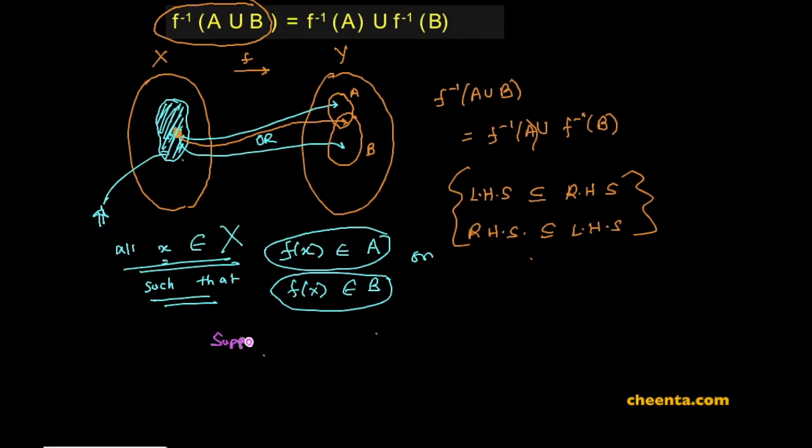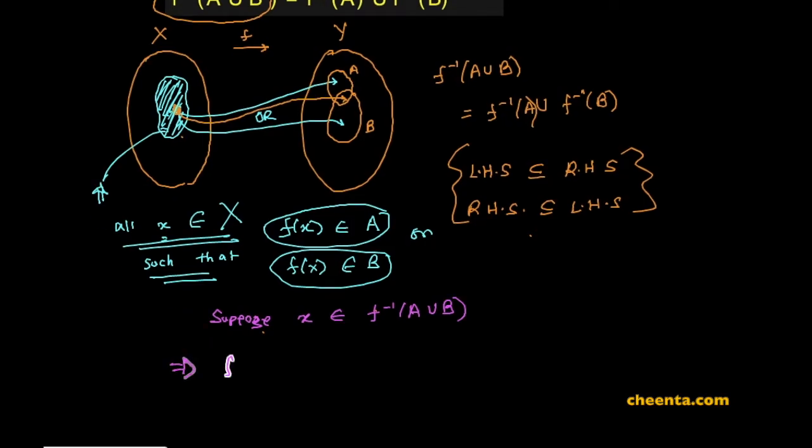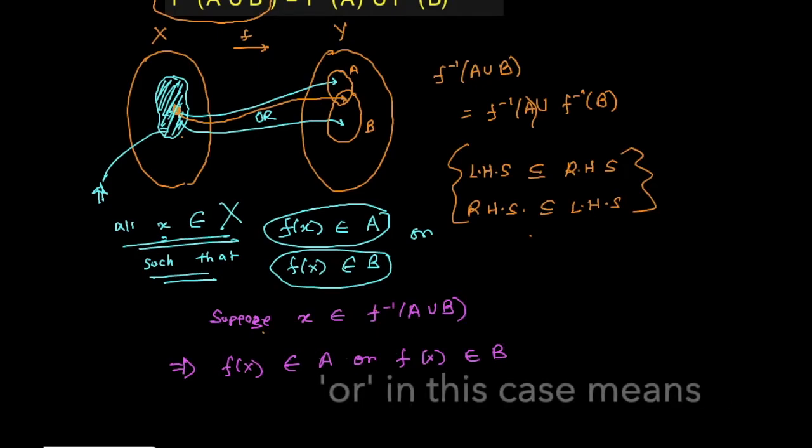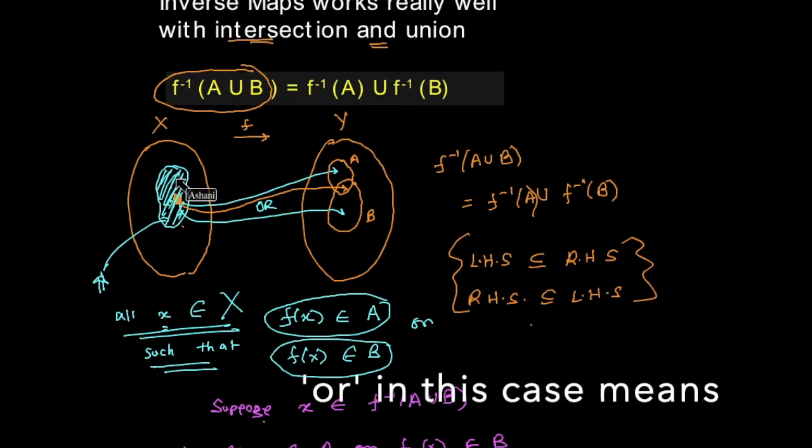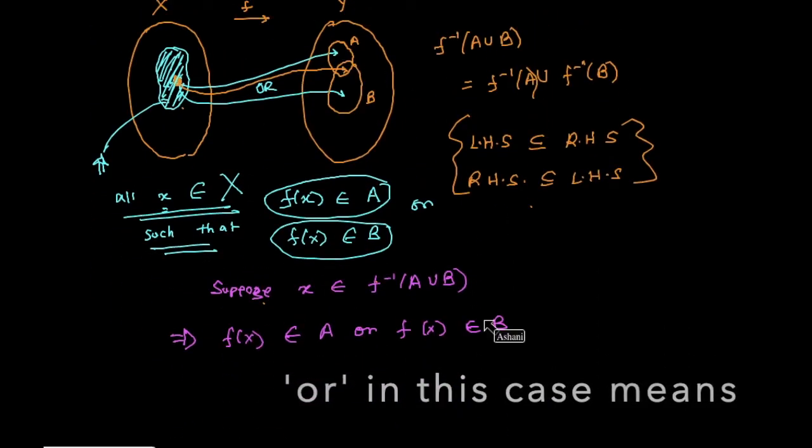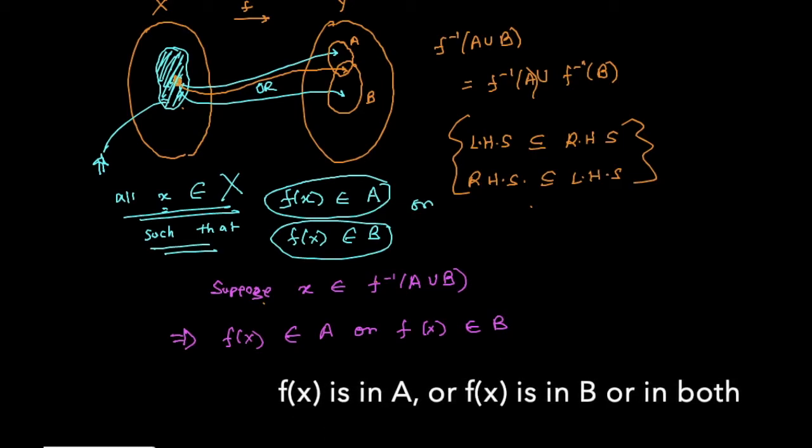Suppose x belongs to F inverse A union B. By definition, this implies that f of x is inside A or f of x is inside B, because that's the definition of F inverse A union B. You get to be a member of this subset only if you land up in A or you land up in B when F is applied on you. Alright.